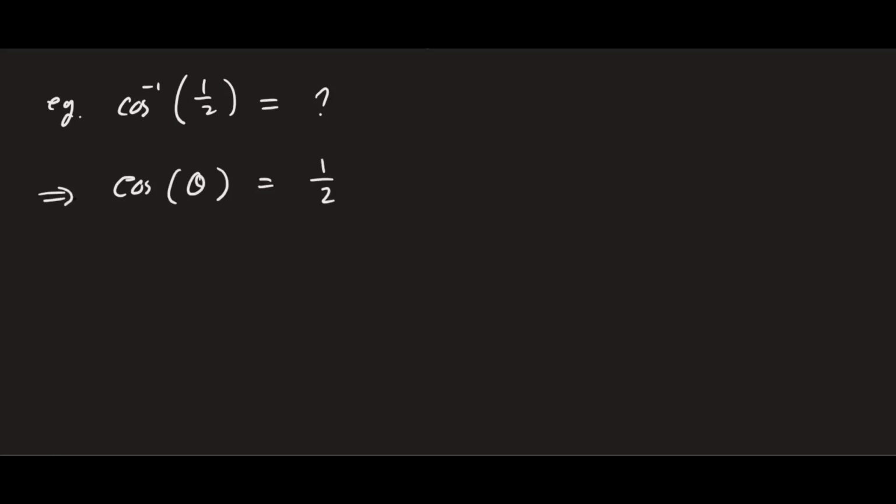All right, let's take a look at another example. What if we want to work with a different inverse function? We want to find cosine inverse of 1/2. Cosine is a little different from sine, because cosine inverse exists within a different interval. We want to find cosine of some angle that will give us the exact value 1/2, and the angle has to be between 0 and pi.